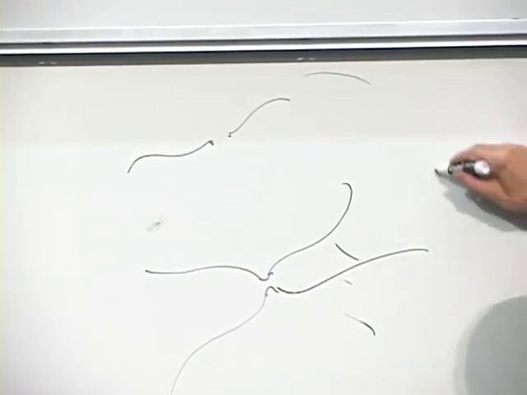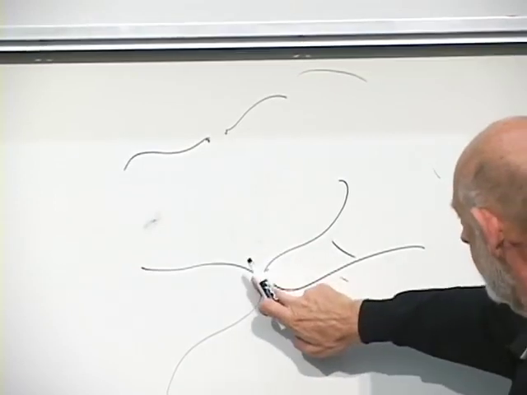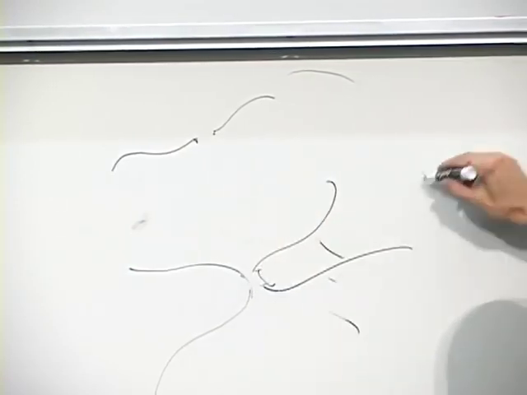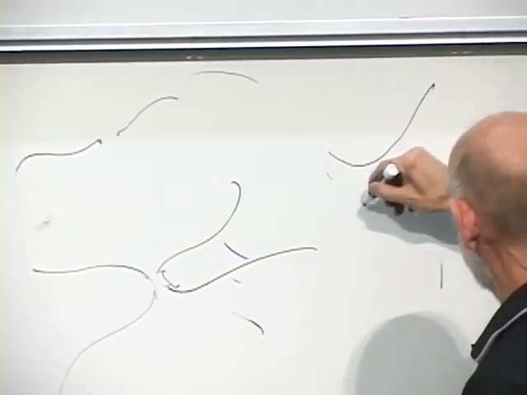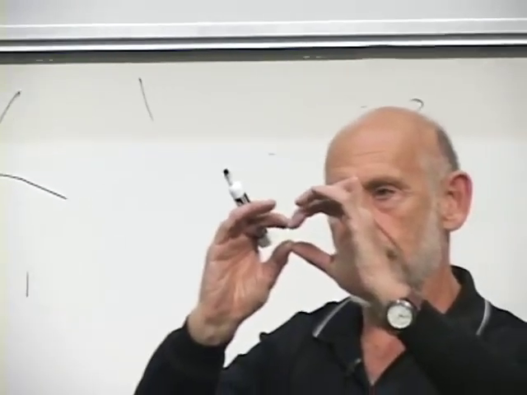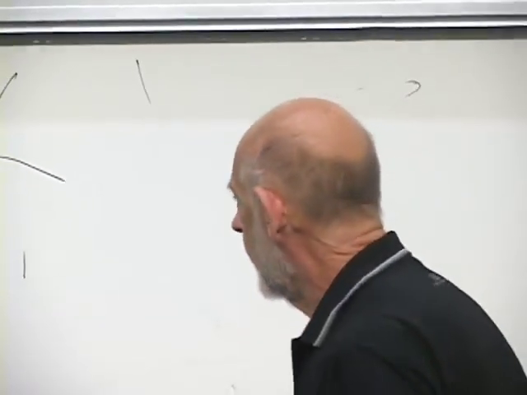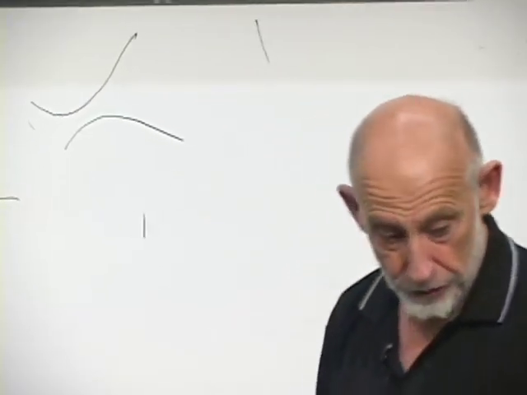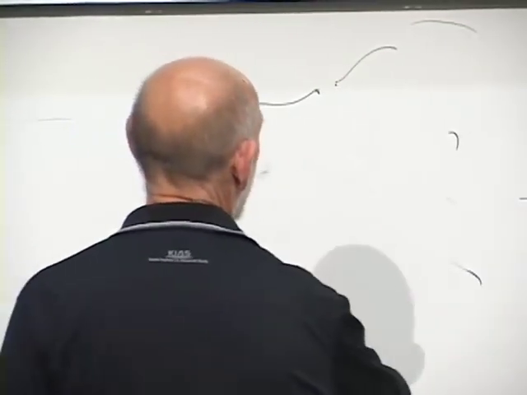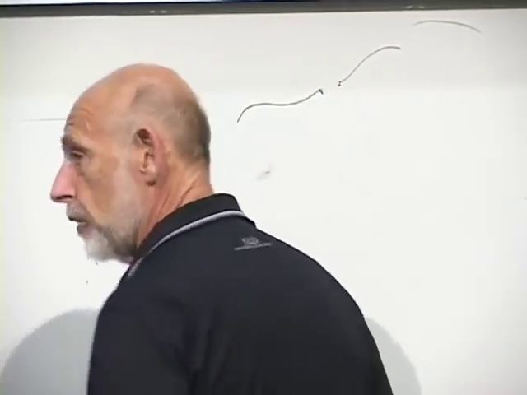So let's see what we started with. We started with two strings, and this became this. Again, it's the same process where two things come in touch and then rearrange. That's a process that can happen in string theory. I will have to prove to you that it can happen. I'm telling you now.